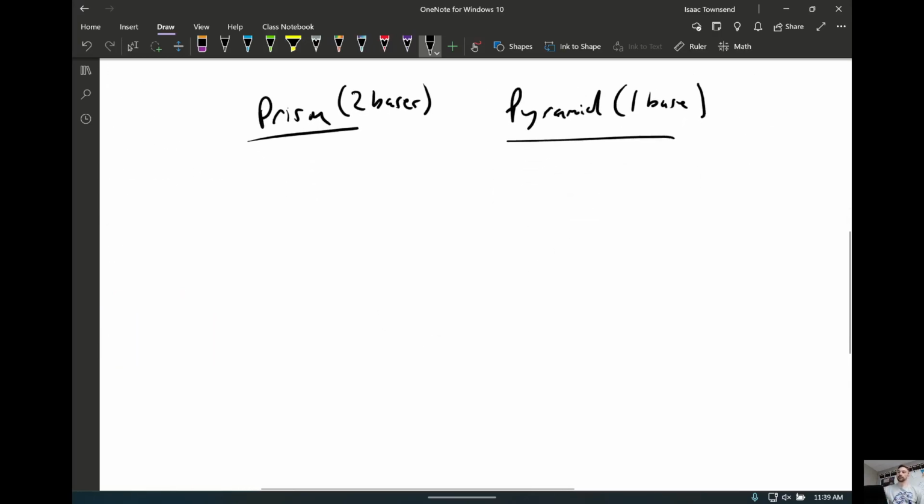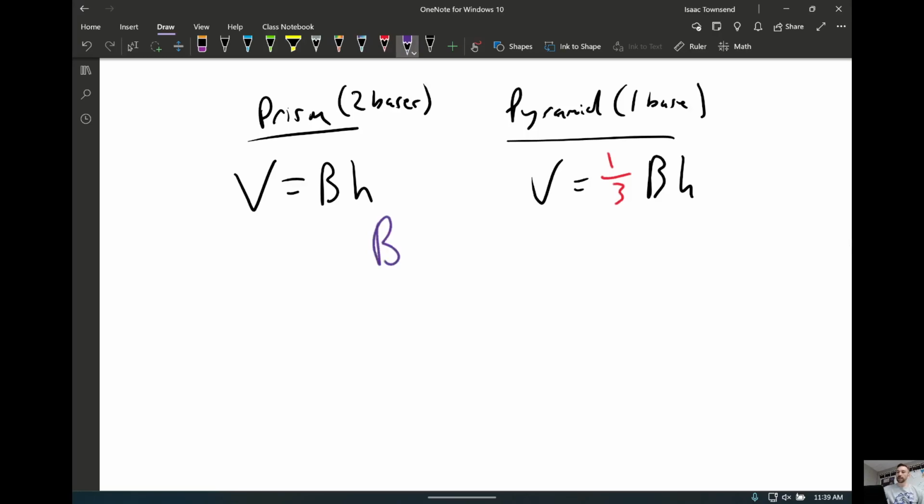Regardless of what type of prism it is or what type of pyramid it is, the volume of both of these is capital B times H, but the pyramid one is always times a third, where capital B is the area of a base.